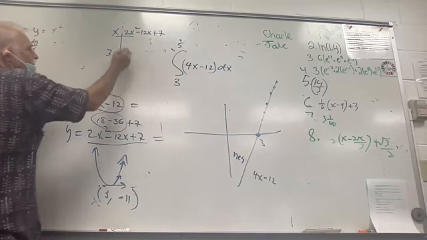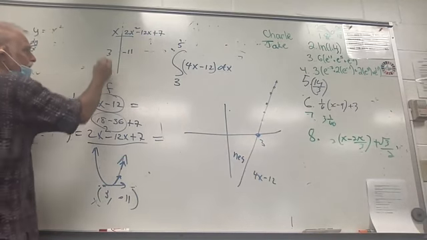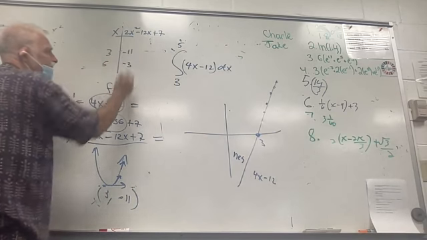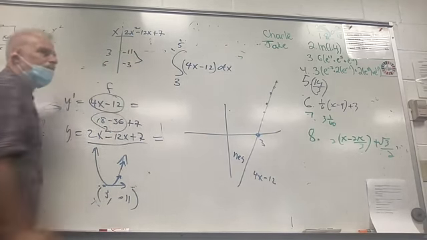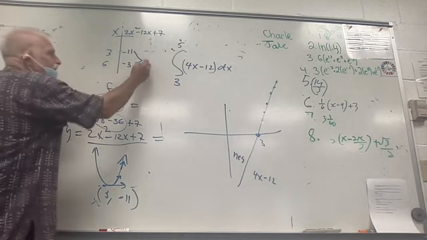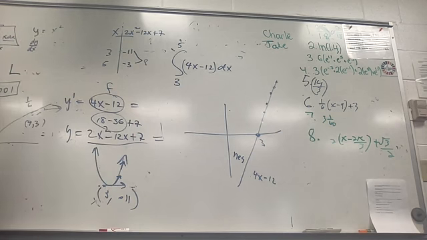We put a 3 in, we know we're at negative 11, we already did it. We put a 5 in, 50 minus 60 plus 7 is negative 3. How much did I change from negative 11 to negative 3? 8 units of change, yes? So grandma has changed her position by 8 miles.